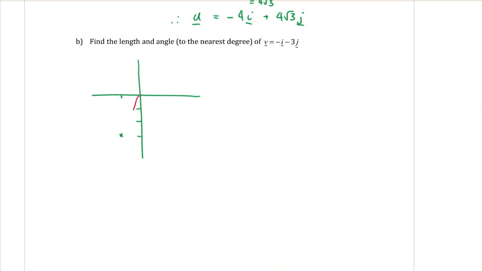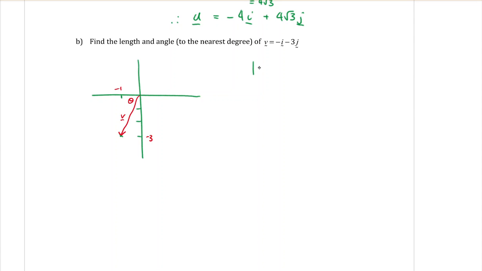It's coming down here. Negative 1 and negative 3. I need to find the length and the angle. My angle will be in there. I'll call this my vector v, put that on there too.